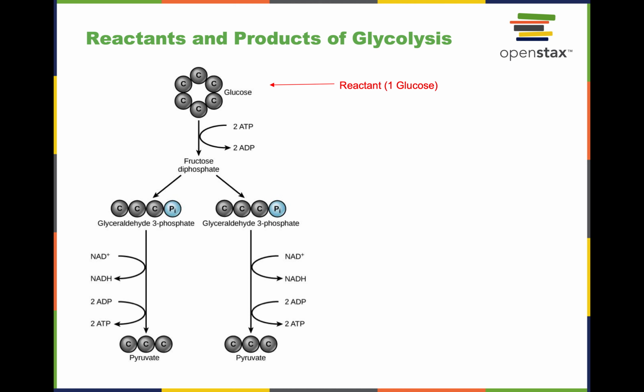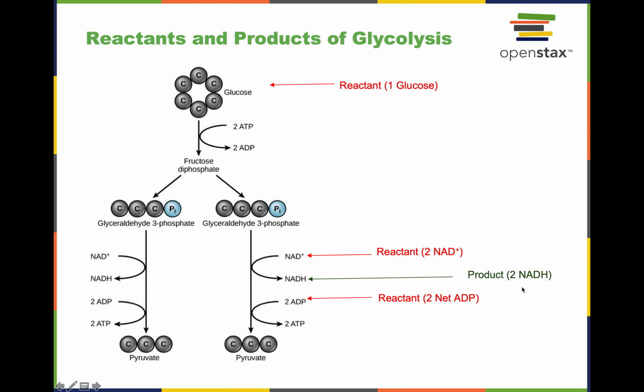So what is going into glycolysis? Well, glucose is, and NAD plus is going into the reaction, right? ADP is going into the reaction. So these are the reactants. Now, what are the products? What do we get out of this entire process?